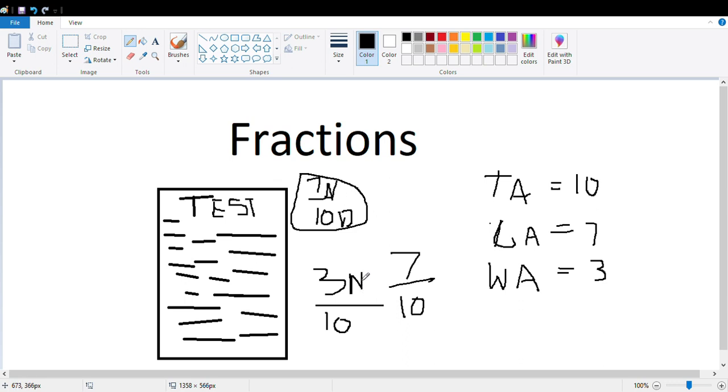Think of it like this: the top one is always the number of answers or cake slices you have eaten or not, and the bottom one is the total number of answers you can get right and the total number of cake slices. Think of it just like that. The denominator is the total and the numerator is some part of it.